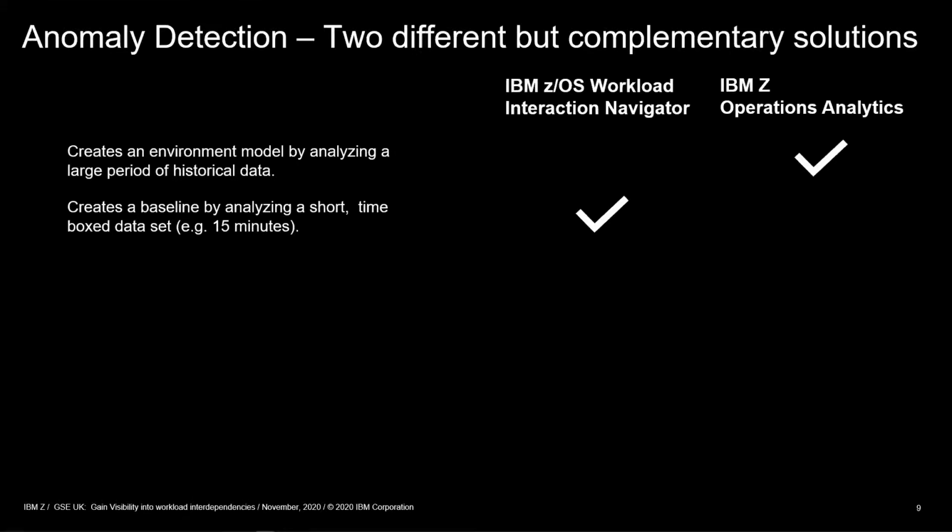As Dan went through the demonstration, we talked a little bit about anomaly detection, and he was looking for those anomalies that happened across those short time periods. We talk a lot about anomaly detection in terms of machine learning and AI.